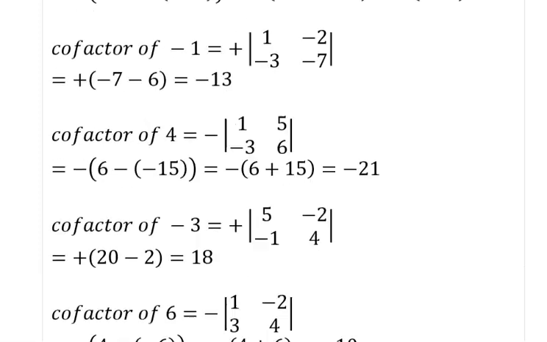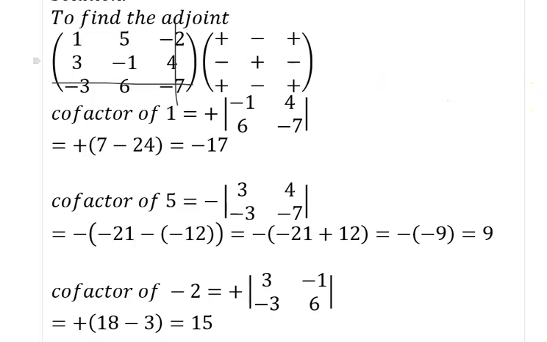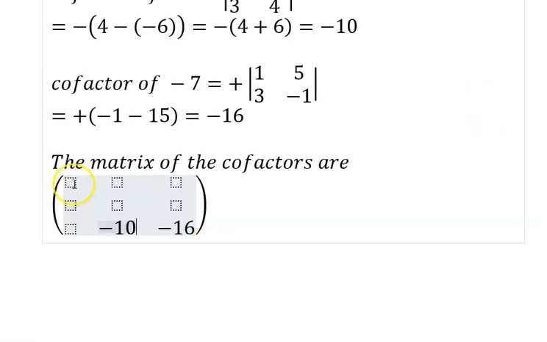Or better still, let's start from the top. Let's erase what we have here. It's with their cofactor. So the cofactor of 1 is minus 17. Let's put it one after the other. Minus 17.